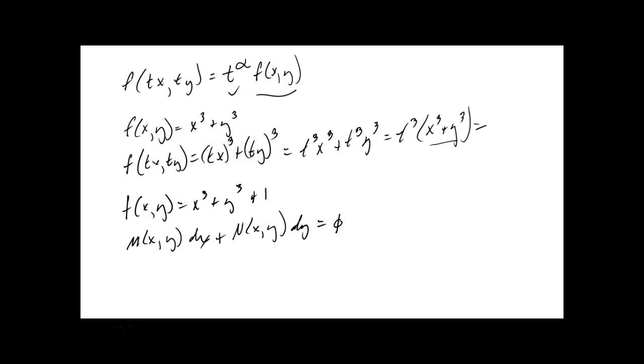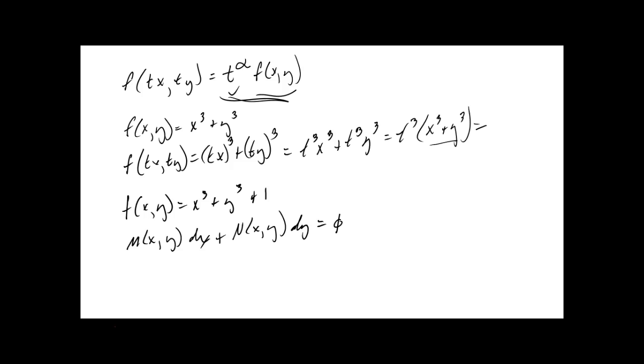But it was only exact if the partial of M with respect to y is the same as the partial of N with respect to x. So this is homogeneous if both M and N are homogeneous functions of the same degree. Okay? So both of them would have to fit this thing up here. And the alphas would have to be the same for each of them.